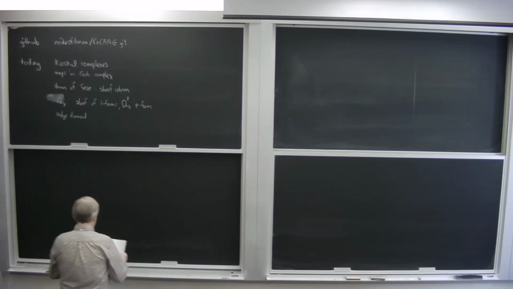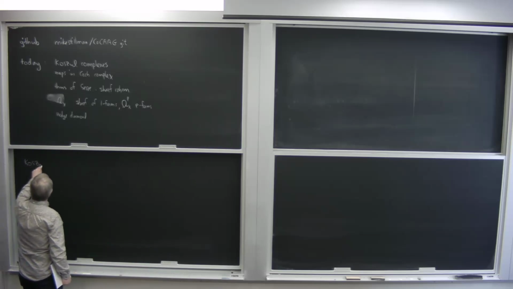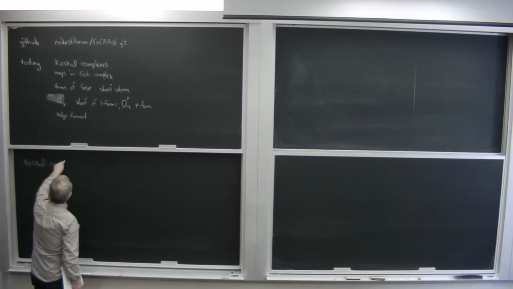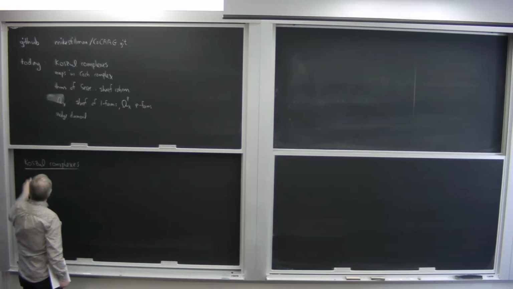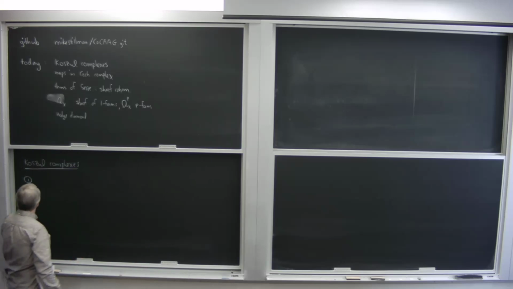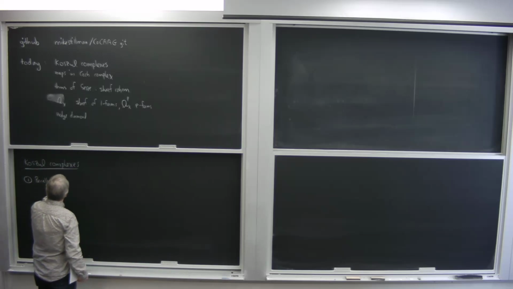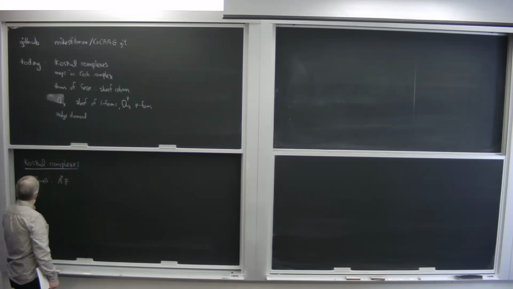So the first thing we want to do is Koszul complexes. But even before doing that, we need to first recall the exterior powers. So recall wedge P of F. Here's the situation.